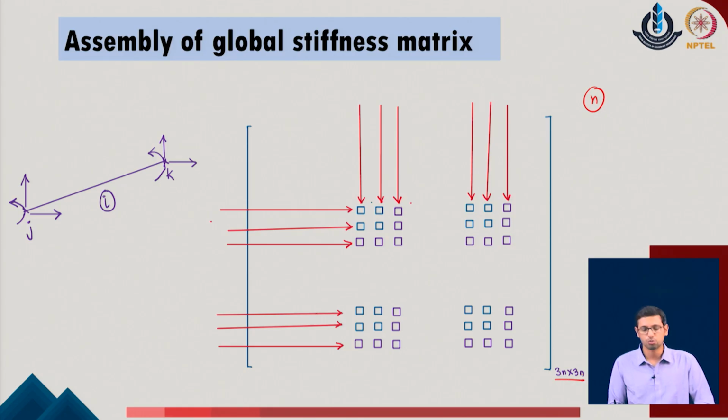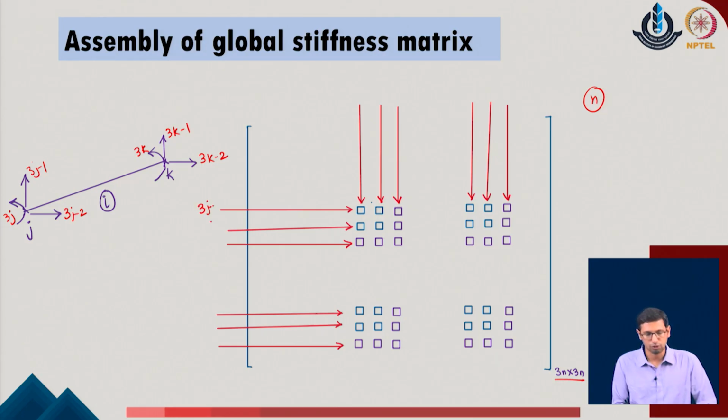Now, I am going to the specific values in the global assembly in the position of row number. So, I will just number these as 3j minus 2, 3j minus 1 and 3j in the given problem. Similarly, these with respect to the joint K can be written as 3k minus 2, 3k minus 1 and 3k in the given system. So, with this idea, the given system with respect to the joint J will come out as 3j minus 2, 3j minus 1 and 3j as the 3 rows.